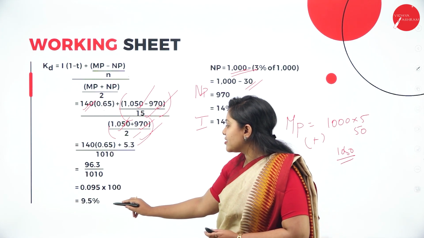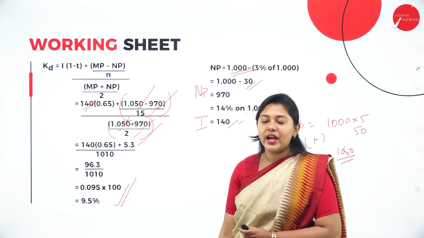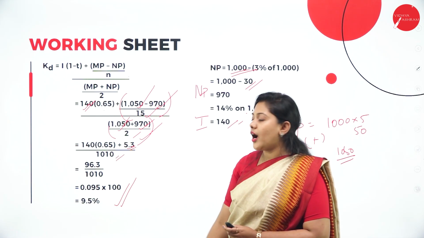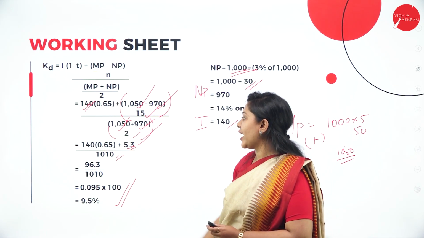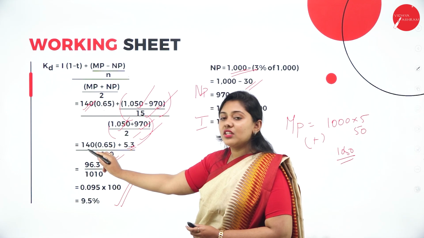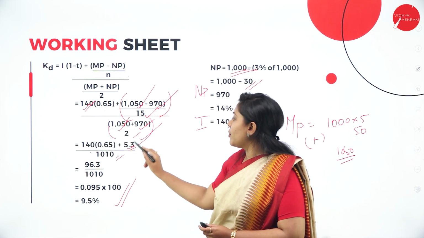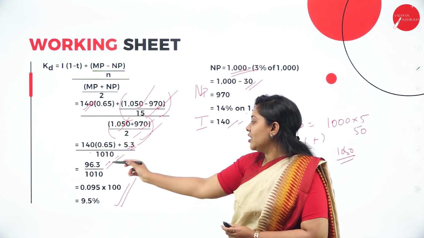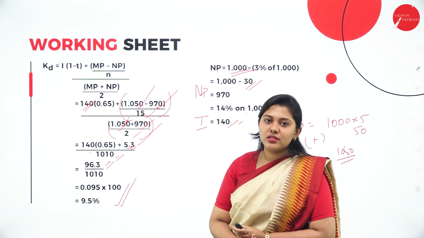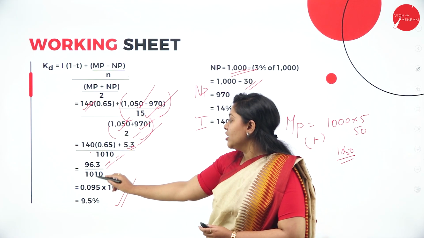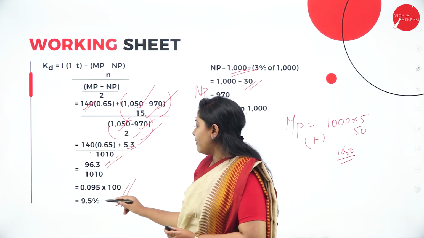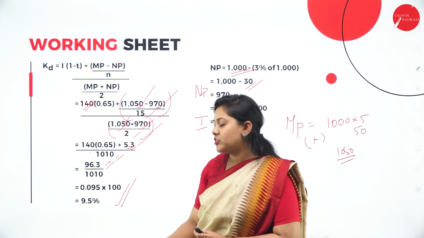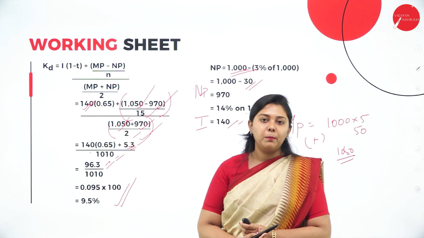You get 5.3 and 1010 from solving the brackets. Multiplying with the interest and adding the 5.3 value, you get 96.3 divided by the denominator 1010, and the value you get is 0.095. If you convert that into percentage, you get 9.5%.